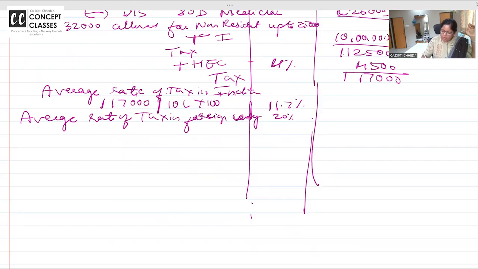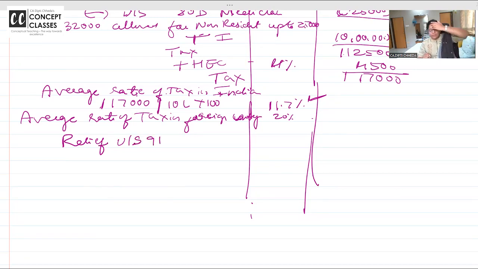So whichever is lower, you will give the relief under section 91. Clear? Relief under section 91.